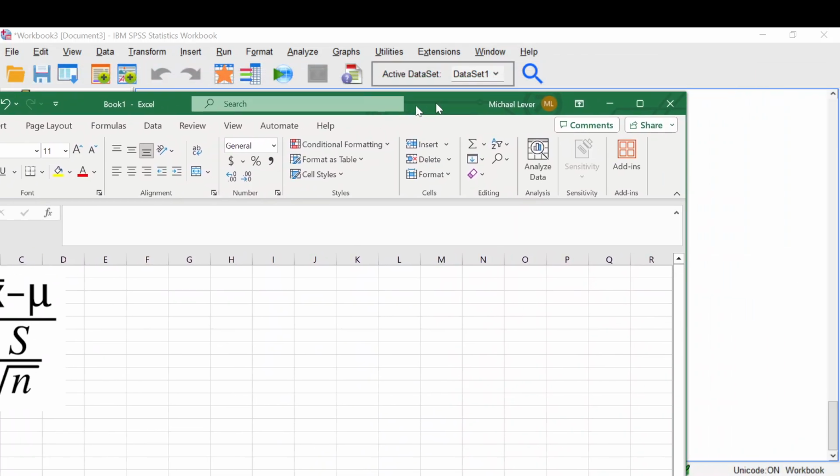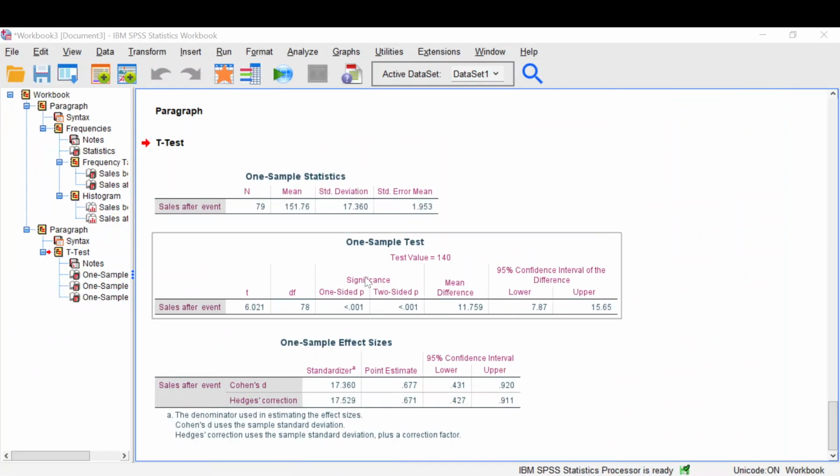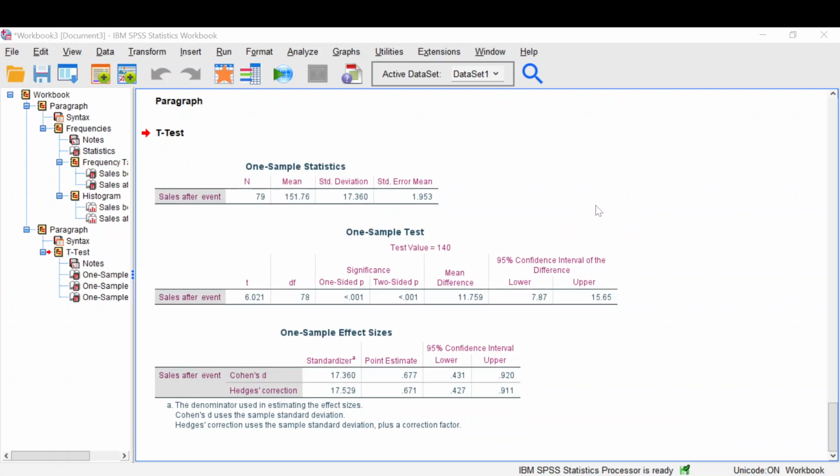Okay, so we'll come back to that in a moment, but first I just want to introduce a few more ideas here. So what essentially you're doing here is, if we think about our hypotheses, our null hypothesis is saying there is no difference between this mean here, 151.76, and the mean that we selected, our standard average of 140.